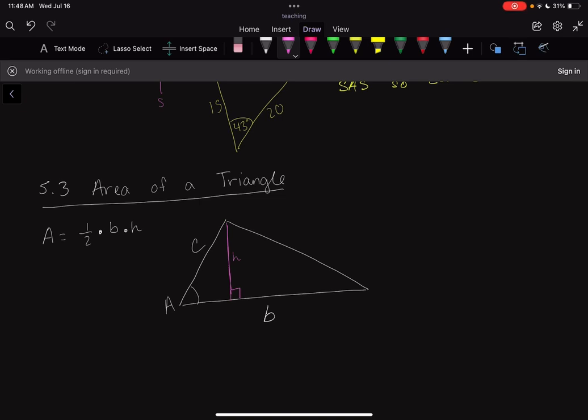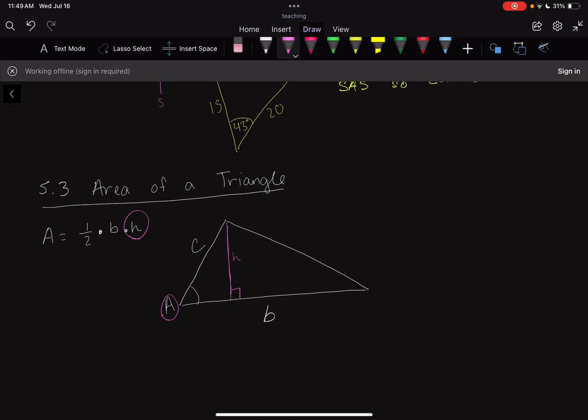So what I want to do is come up with something where maybe I can replace this h. I did not mean to erase that. Go back. There we go. So I want to get rid of this h, replace it with something else. So what I can use is this angle A to help me out.